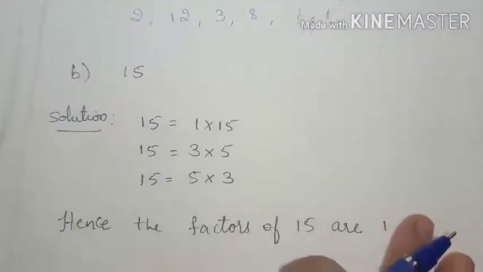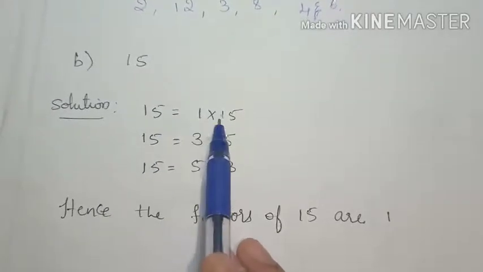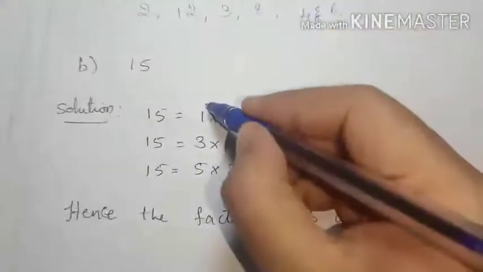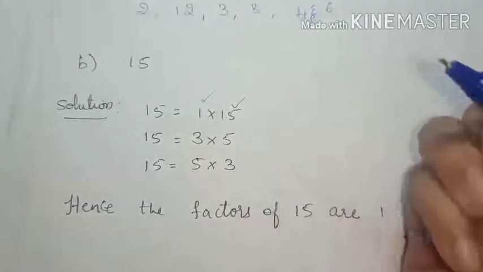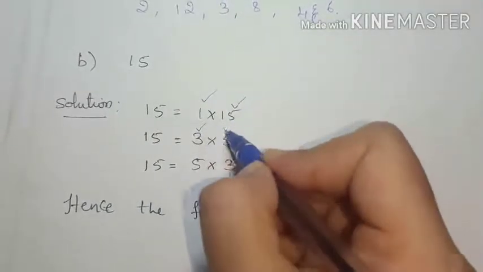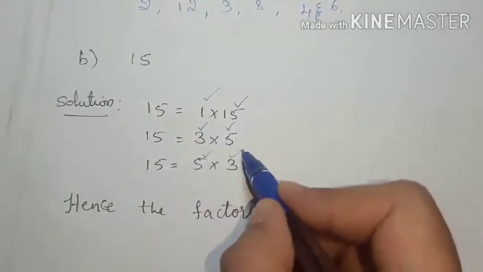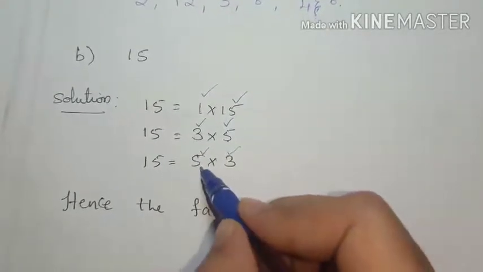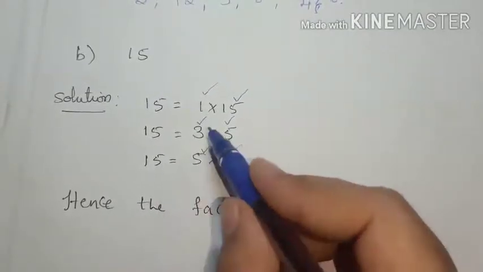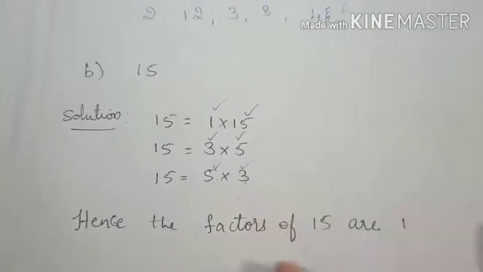Question B, 15. 1 into 15. Hence 1 is a factor, 15 is also a factor. 3 5s are 15. So 3 and 5 are the factors. 5 3s are 15. So again 5 and 3 are the factors. Here see, 3 and 5 are repeated, so stop here.